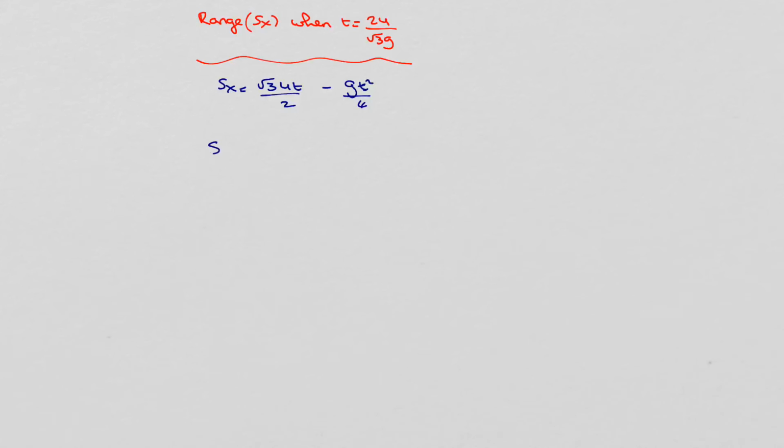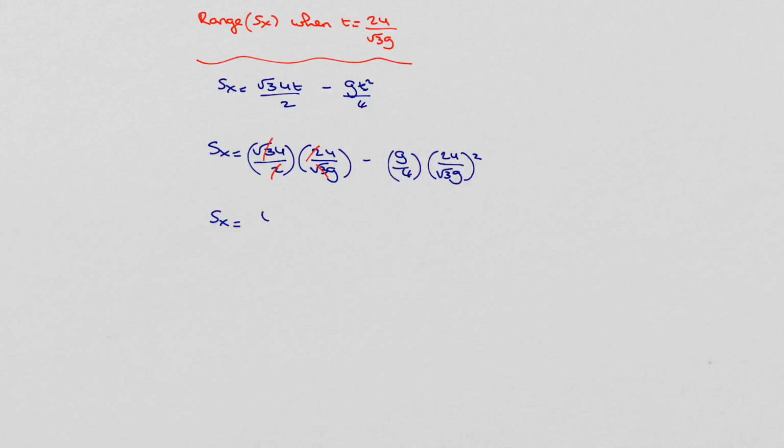So by subbing in for my time of flight, 2u over root 3g, and be careful here, it's t squared, so it's 2u over root 3g all squared. So if I simplify that, I can see root 3 is gone, 2 goes into 2 once, which leaves me with u by u, which is u squared over g.